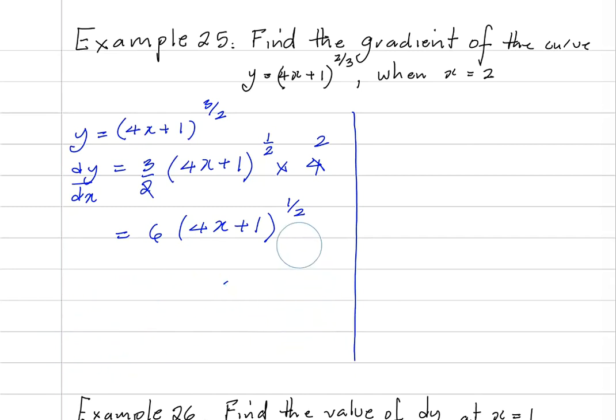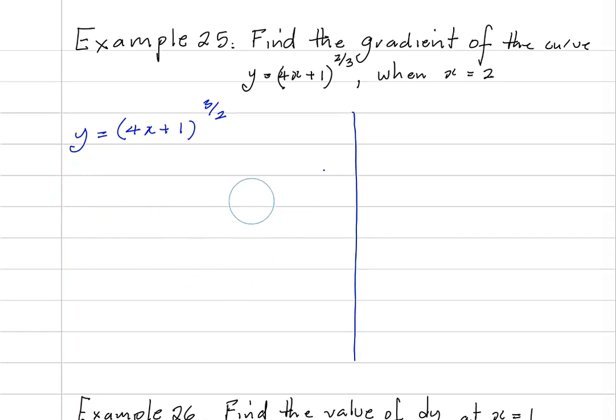It's not actually 3 over 2 at the top, it's 2 over 3. Poor eyesight will cause you to do foolishness. So this is 2 over 3. Chain rule, dy by dx would be equal to, the power comes to the front, 2 over 3, 4x plus 1, the power decreases by 1, so it is now minus 1 over 3, multiplied by the differential of the inside function, which is 4.